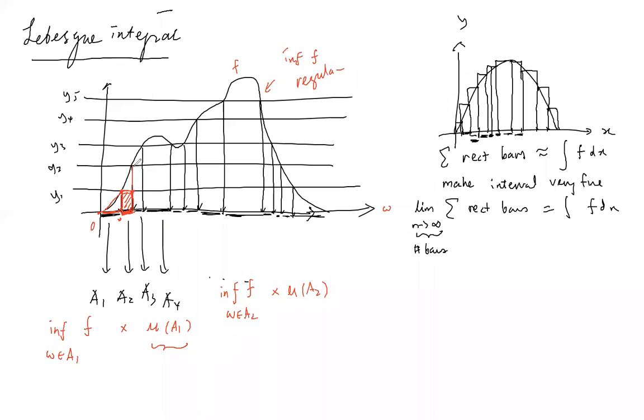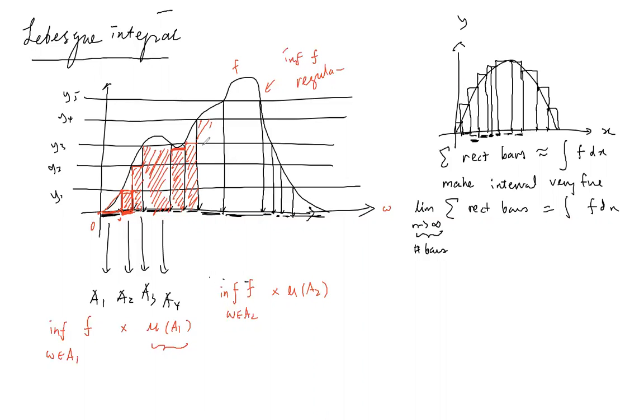So similarly, you would have this rectangular bar and this rectangular bar. Over here, your infimum is here, because your function dips down, so the infimum is actually in the middle. So your rectangular bar is here. For this one, it is here.